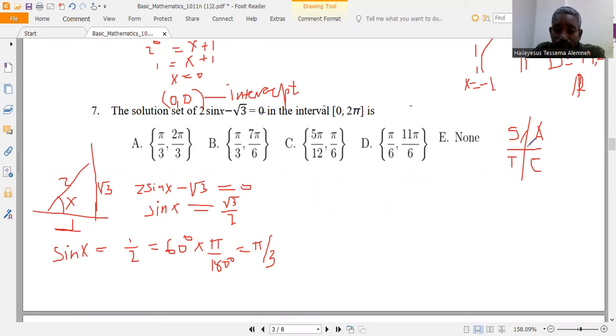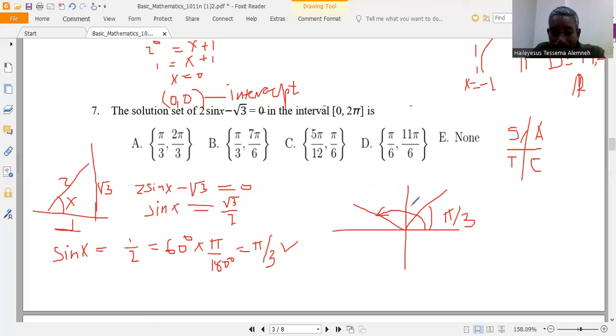Therefore, this one is found in the first quadrant, and the other positive value will be found in the second quadrant. So if this one is pi over 3, then the other angle is this one.